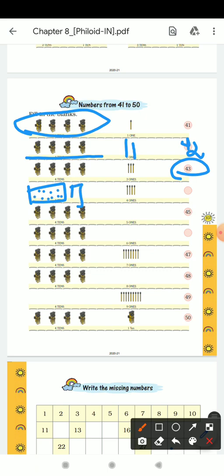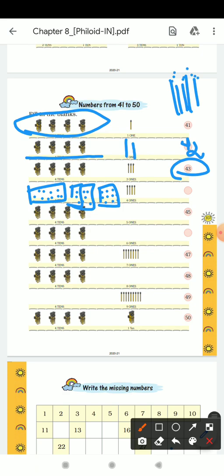Again, another box. 1, 2, 3, 4, 5, 6, 7, 8, 9, 10. Again one more box. 1, 2, 3, 4, 5, 6, 7, 8, 9, 10. Here is not a proper place, but when you do it in your book, it is easy to draw the squares, or you can make a line like this and draw the 10 dots over it.